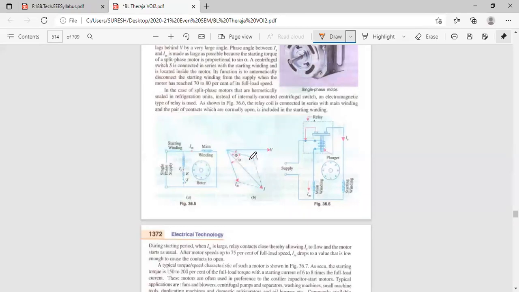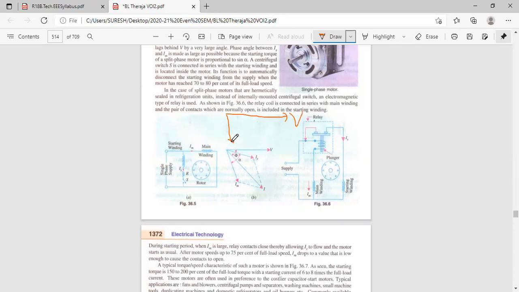See here, I am drawing the diagram on the screen. First take V. This is V. Okay. Now take IM. This is your IM. Have you taken? First draw V. Then IM.